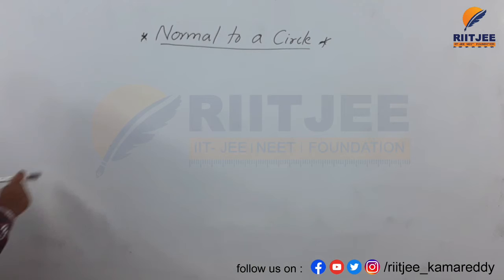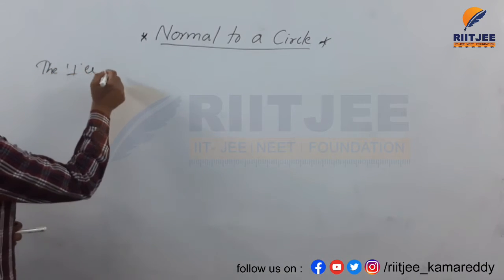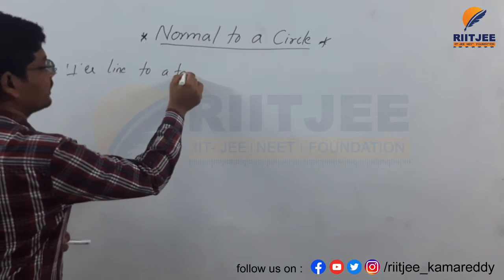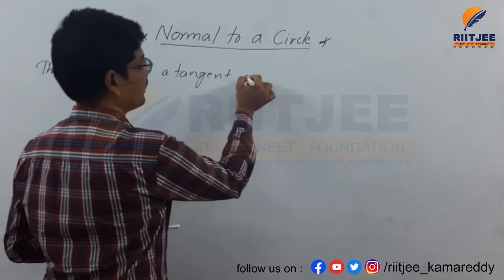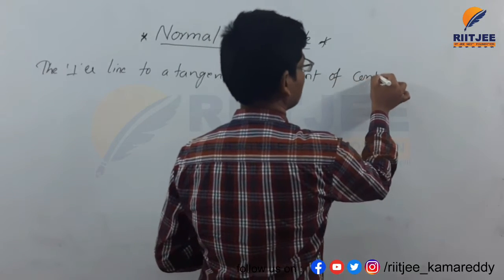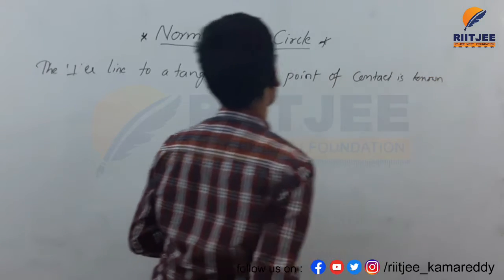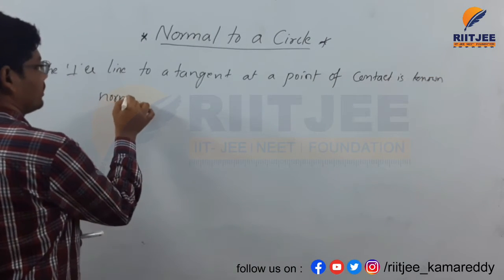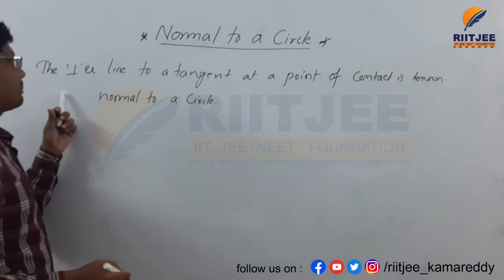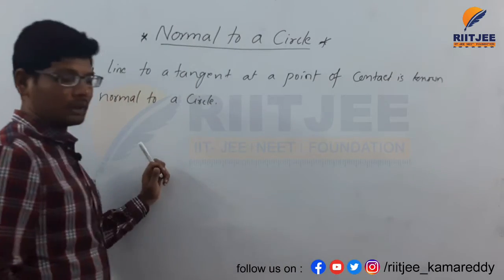The perpendicular line to a tangent at a point of contact is known as normal to a circle.